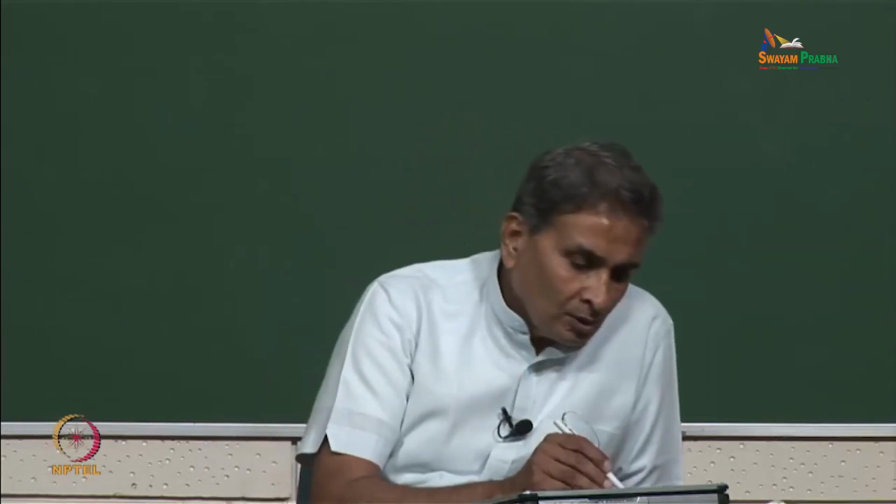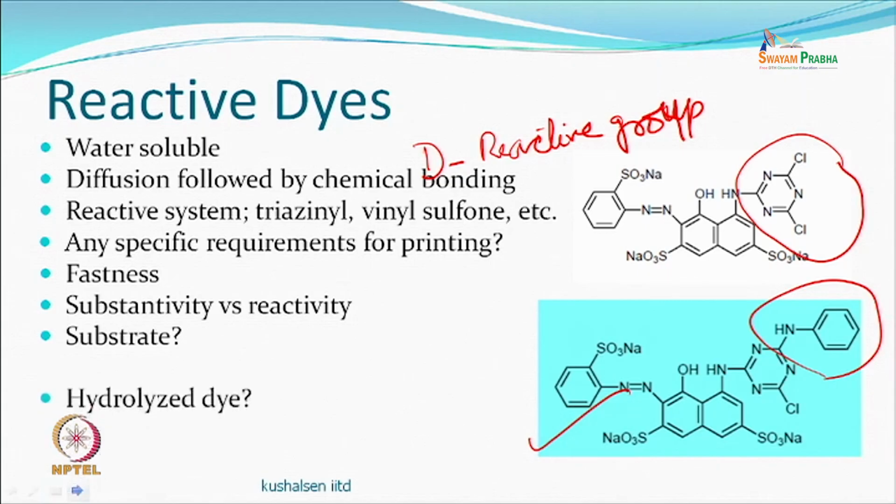Wool, silk can be, and you do not really have to go to the alkaline pH also. They can react, and so hydrolyzed dye issues will also not be faced with silk and wool. So, they are one of the best actually in India also.